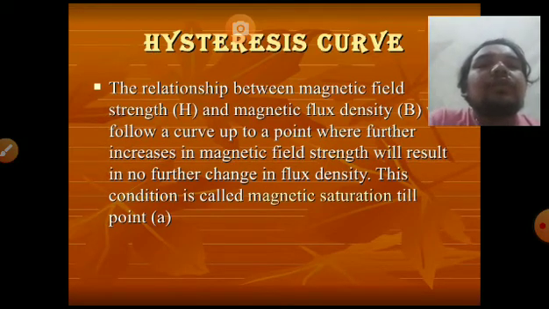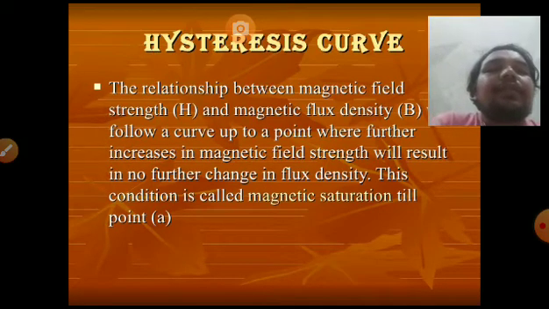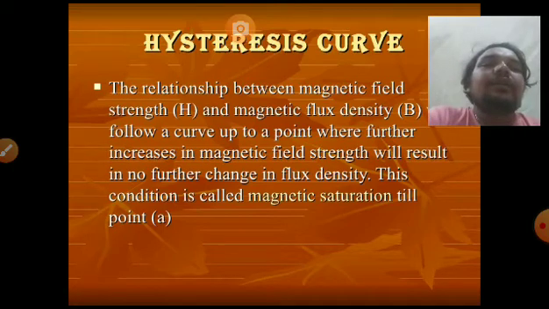This curve shows the relation between magnetic field strength H and magnetic flux density B. It reaches a point where further increase in magnetic field strength will result in no further change in flux density.